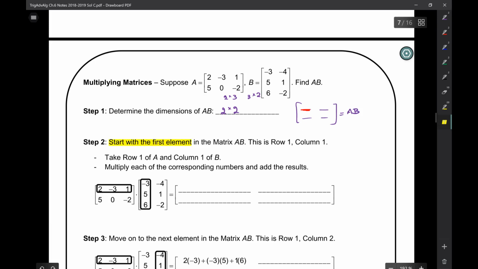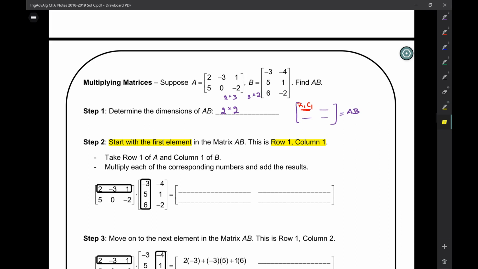What position is that? Row what? This red one? Row 1. And? Column 1. This is row 1, column 1, right? Yeah. Okay, so we're looking at row 1, column 1, because we have to generate the value for row 1, column 1.